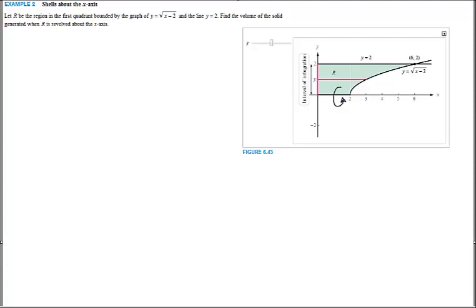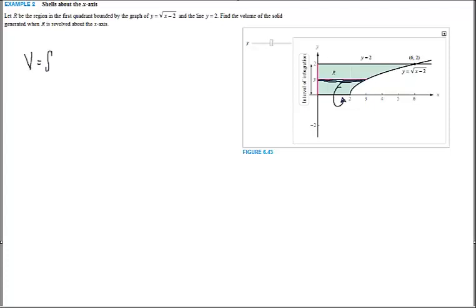If I'm to use the shell method, that means I'll be making shells where it will be integrated with respect to y. So I've got to imagine these shells as they go all the way around here and figure out exactly what's the circumference and what is the actual height here.